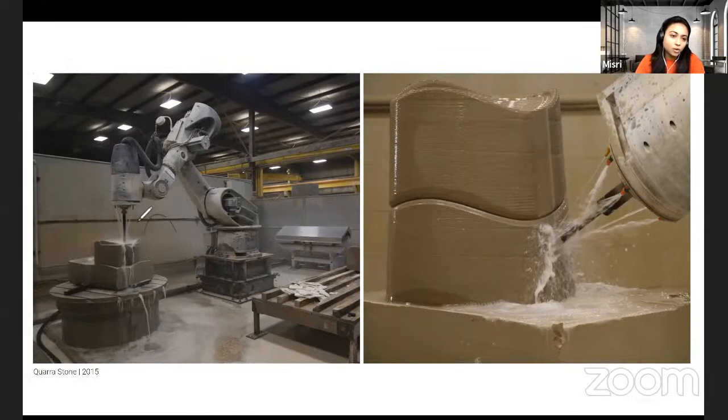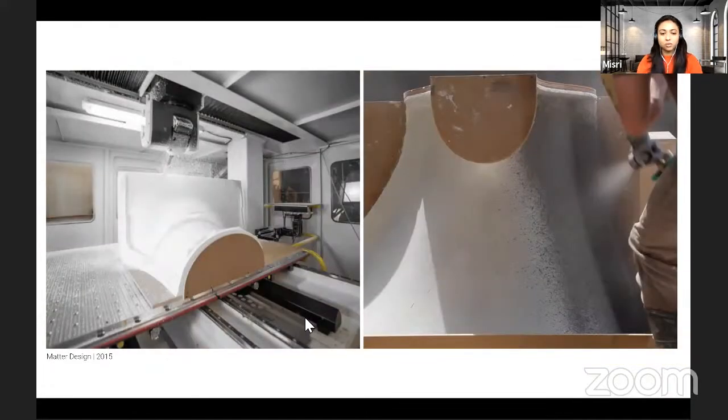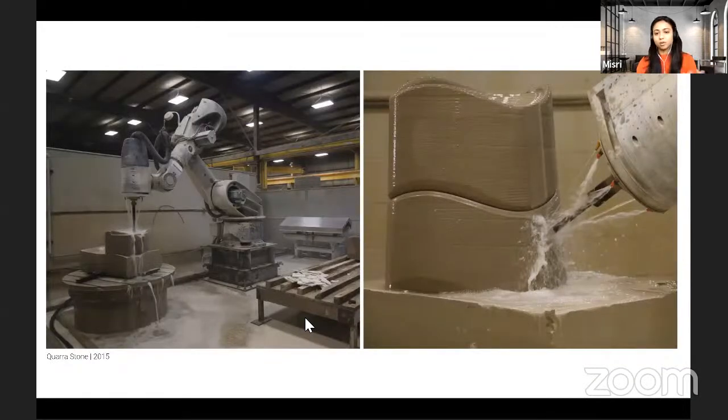I don't know if you can tell the difference, but this has a huge drill bit right there, and it's also being shot with all this water, primarily because stone is a much harder substance, and hence to deal with all the heat that comes out of this process, you need to be mindful of how we streamline the process and cool the material and the drill bit down.